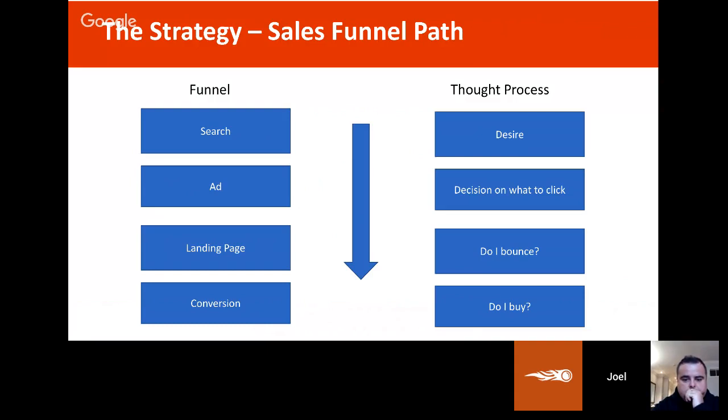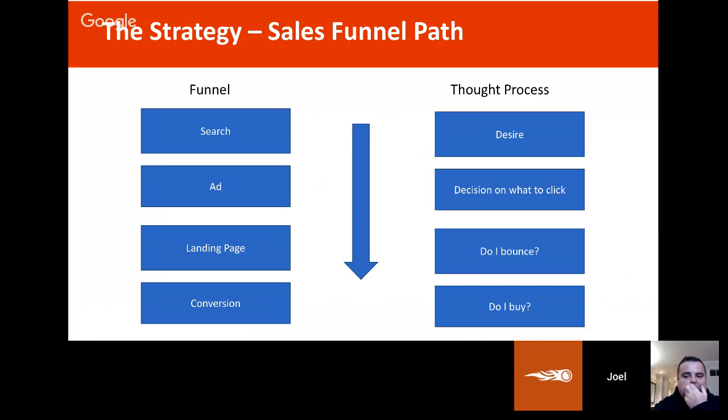The process is a sales funnel, which I think most people are familiar with. Every step in a funnel has another drop off. A search is an ad impression. So you have a certain number of ad impressions. A percentage of those people will click on that ad. A percentage of those people who click on the ad will then convert on the landing page.